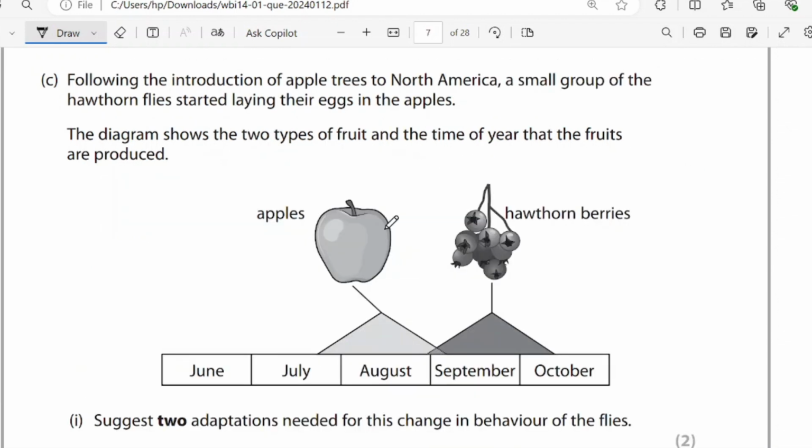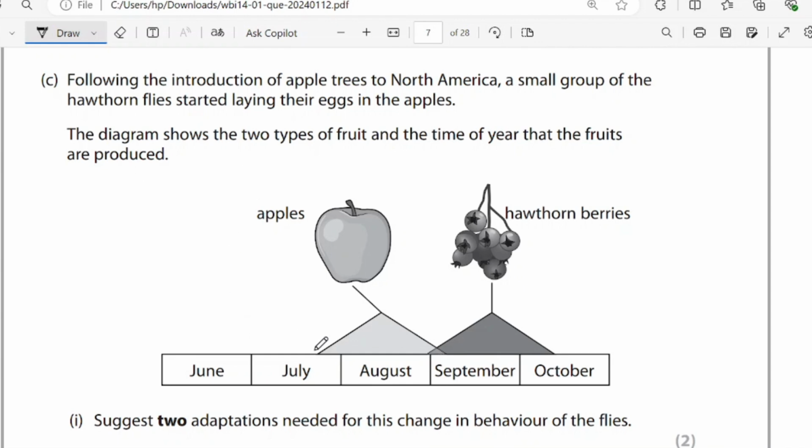This is question number 3 C. It says, following the introduction of apple trees to North America, a small group of the hawthorn flies started laying their eggs in the apples. The diagram shows two types of fruit and the time of the year that the fruits are produced.